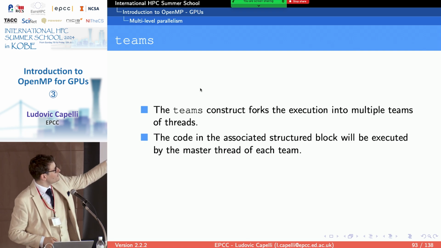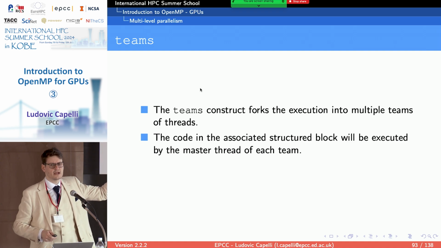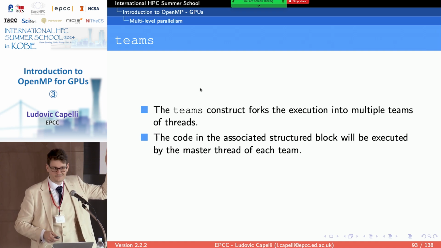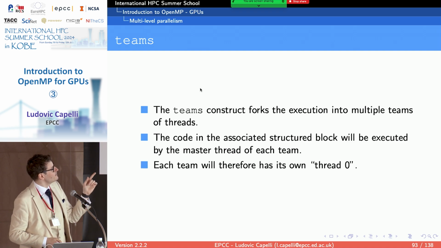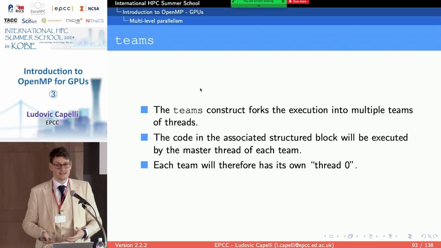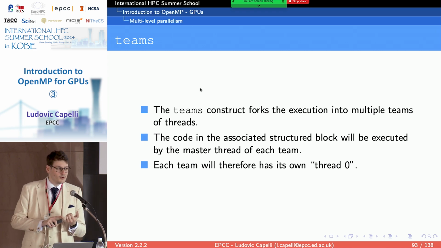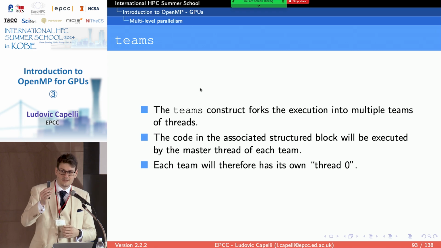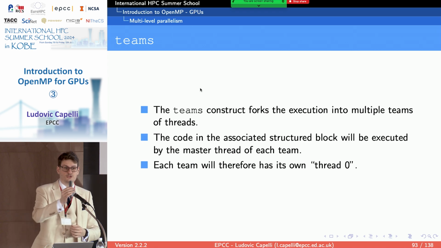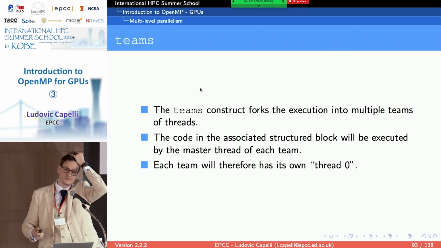You have a code in an associated structured block, which is a fancy way to say curly brackets. And the same way that threads by default start at thread 0, the teams by default will start at team 0. Remember, it's OpenMP for CPU, OpenMP for GPU, which means we can now have the same benefits and the same conventions.